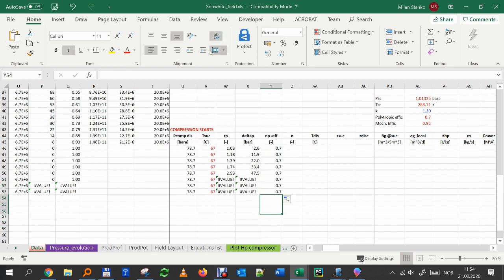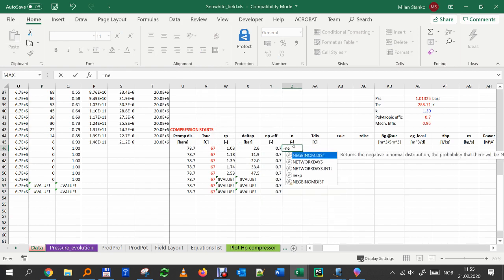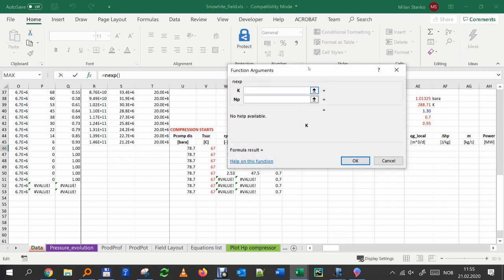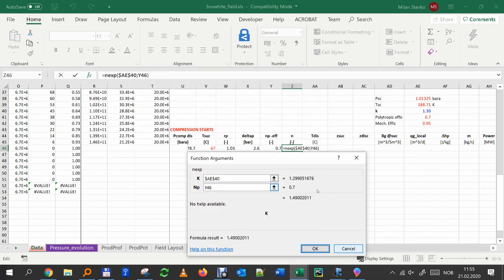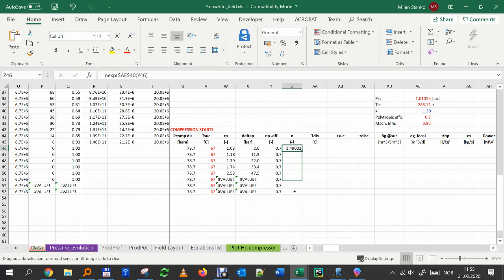And the N will be this exponent that is using K and is using NP. You see the number should be higher than K, and in this case it is 149.